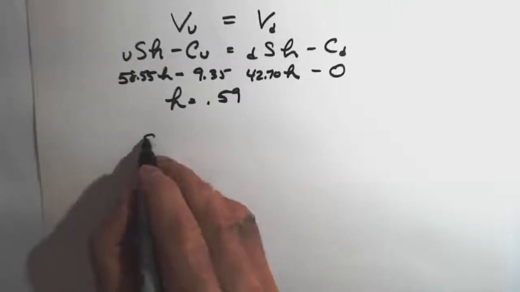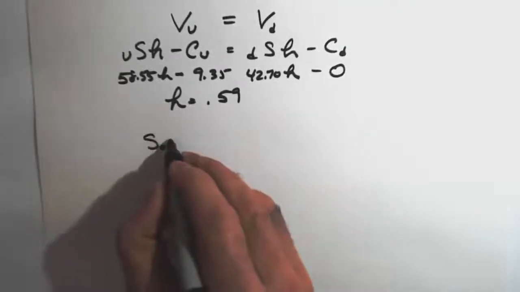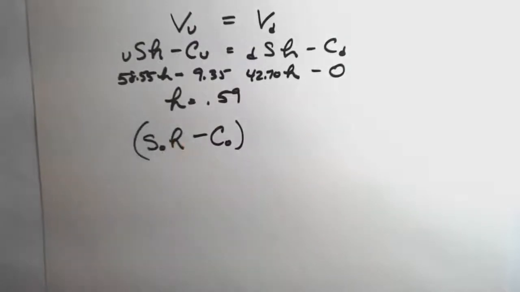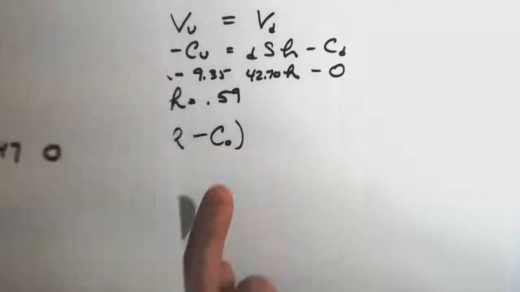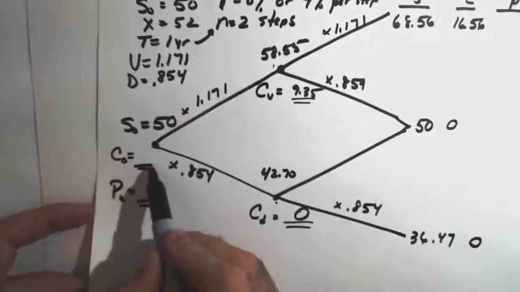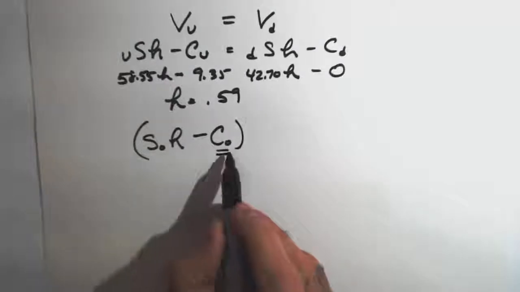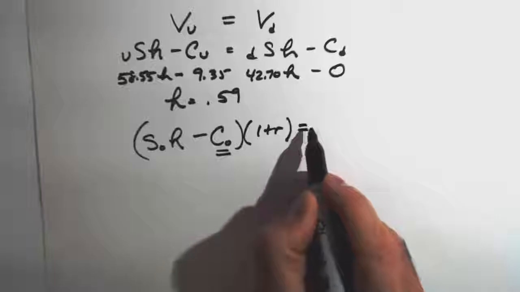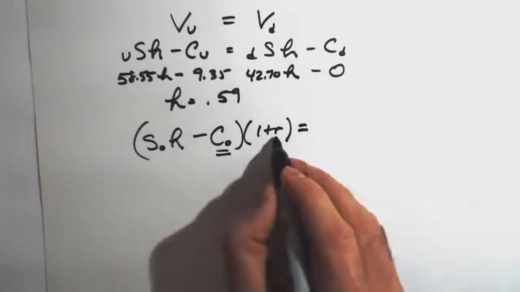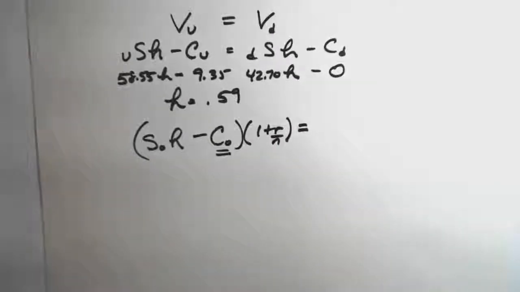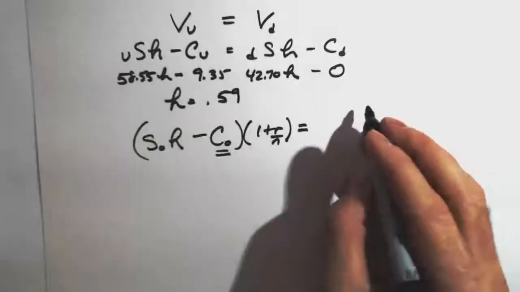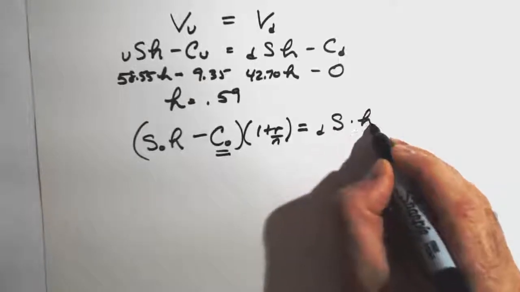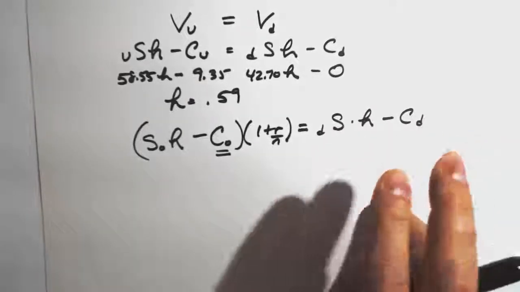And so we're going to write that out as, here's the stock at time 0 multiplied by H minus the call price today. That's what we're solving for in this formula. What is the call price right here? This portfolio is going to grow at the risk-free rate, like I showed you before, and that, divided by n, don't forget, the risk-free rate divided by n, 2 steps. And that is going to equal the stock price when it goes down times H minus C_D.